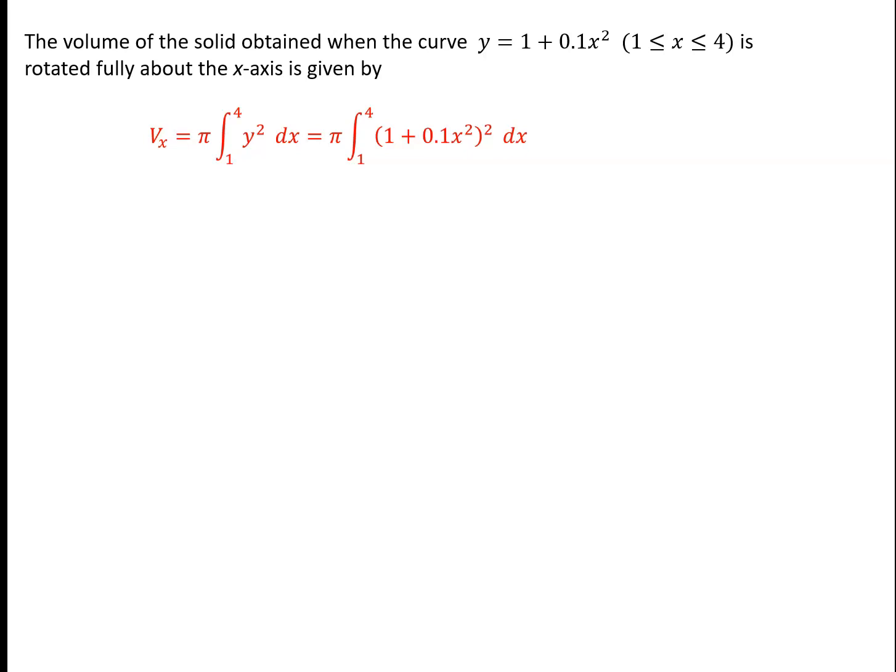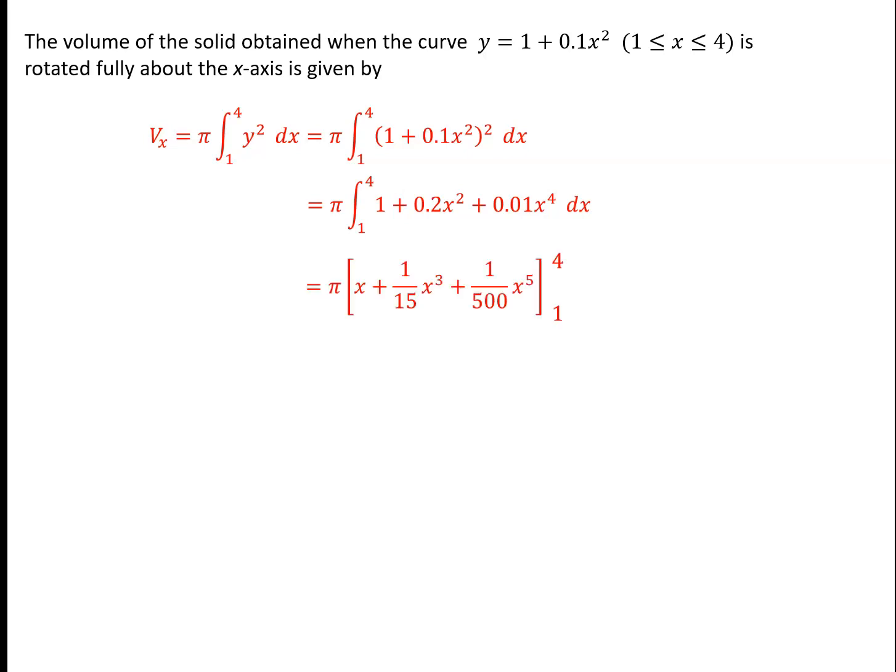So we need to expand our brackets first of all. So that's pi times the integral between 1 and 4 of 1 plus 0.2 x squared plus 0.01 x to the power 4. The integration then is nice and easy.